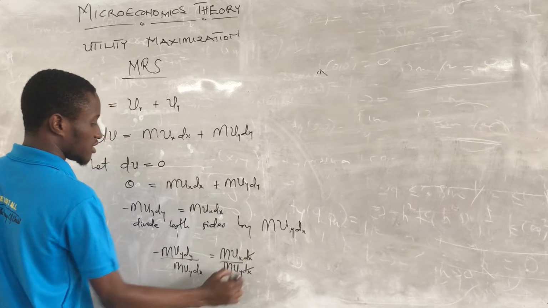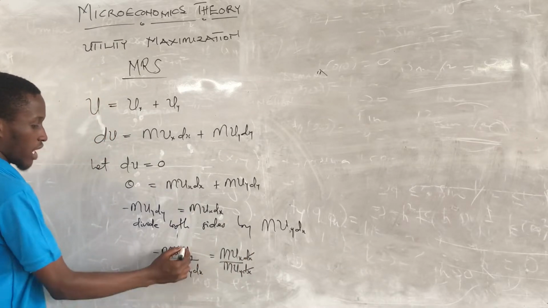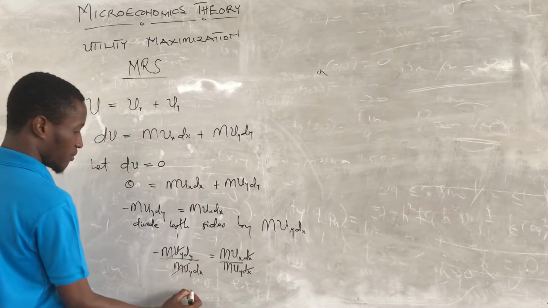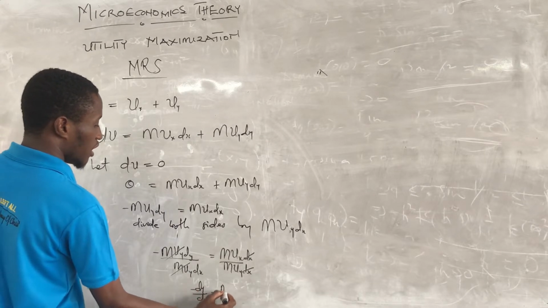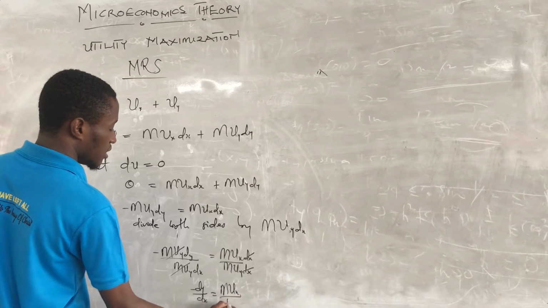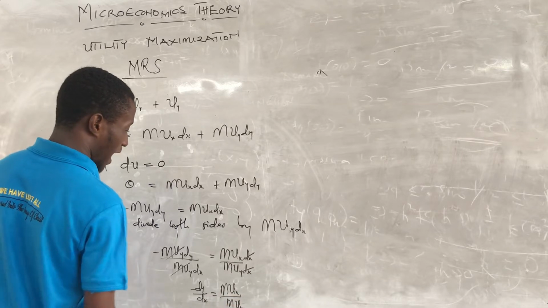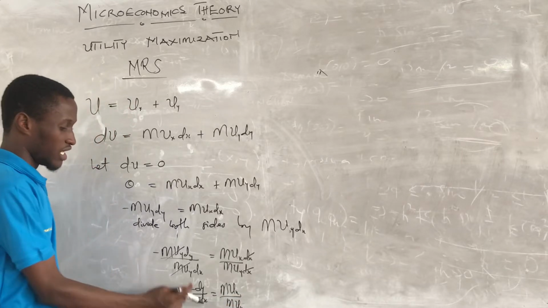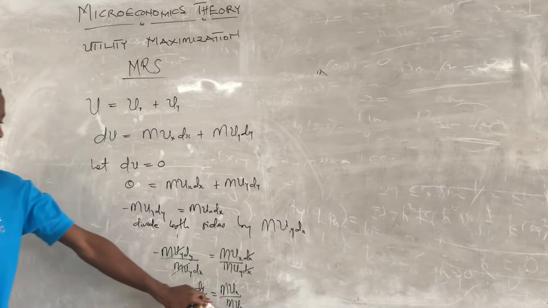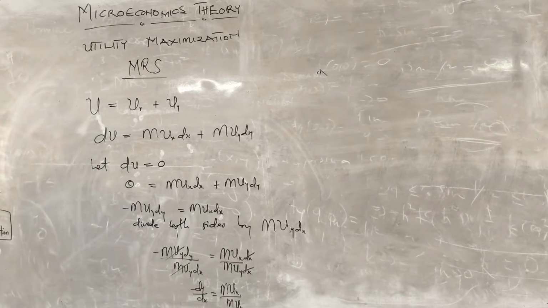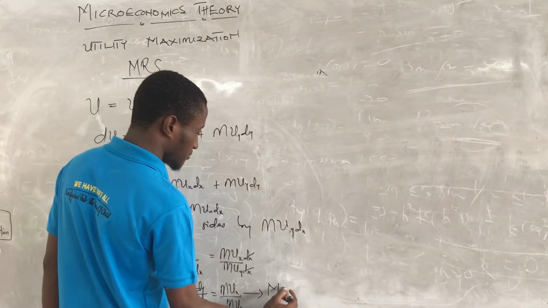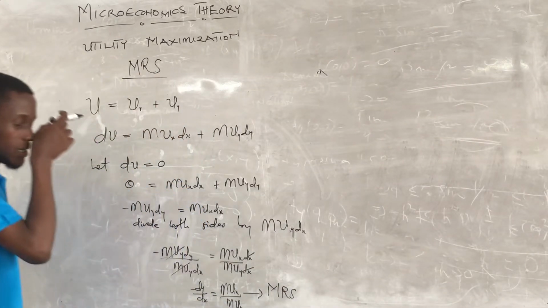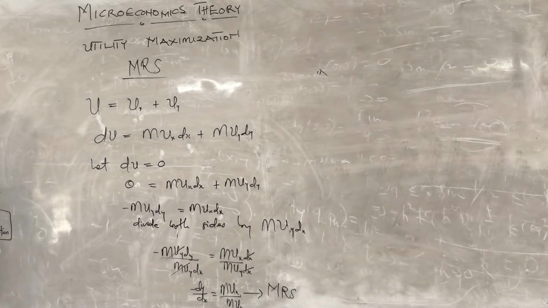So the dx cancels the dx, and the MUy cancels the MUy. Then I have minus dy dx equal to MUx over MUy. So we have a negative dy dx and then MUx over MUy. This is the MRS.